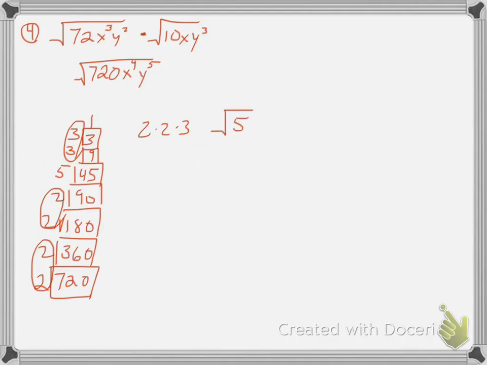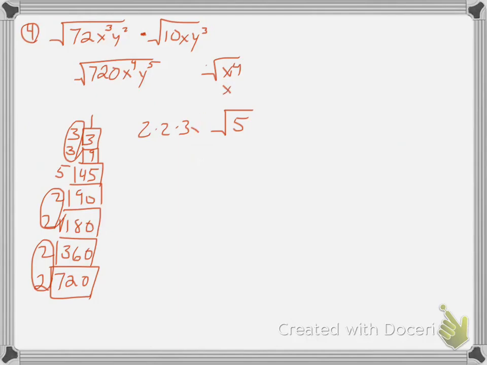The 5 is left on the inside. So when I'm doing the square root of x to the 4th, this is an index of 2, so 2 goes into 4 twice. So that means an x squared is going to come on the outside.